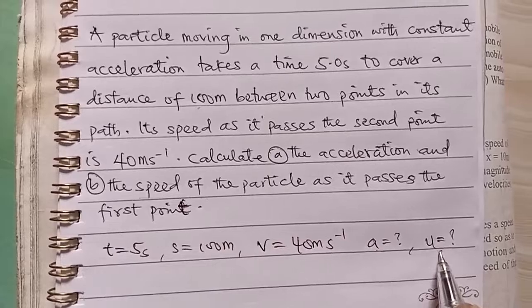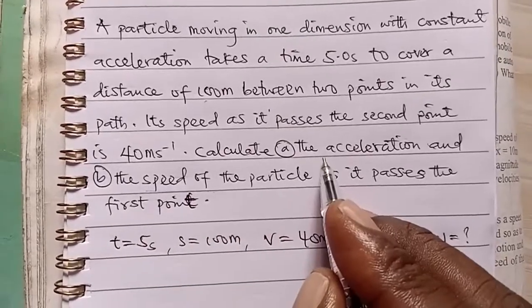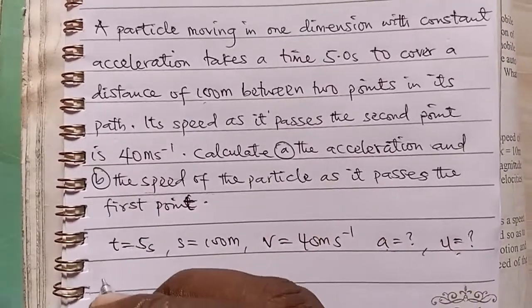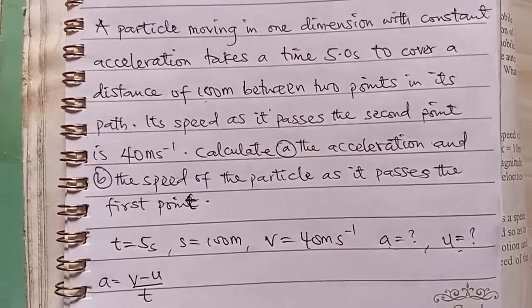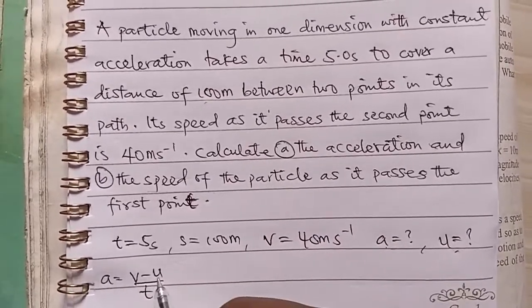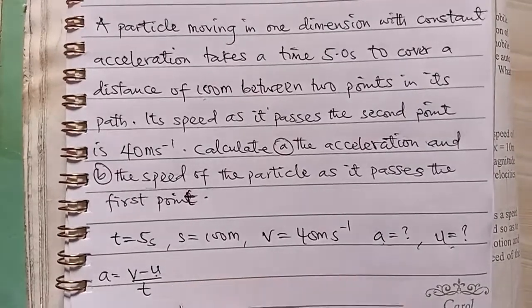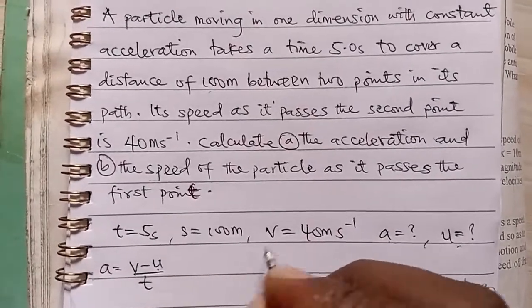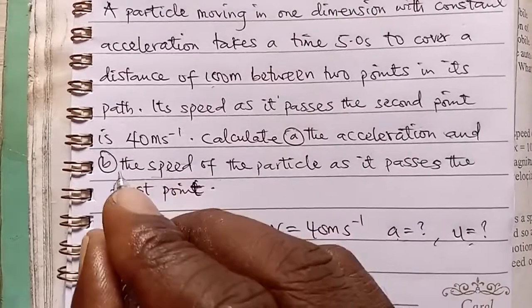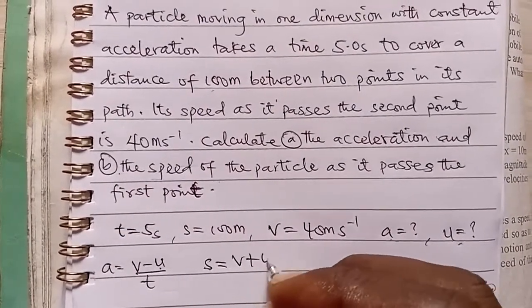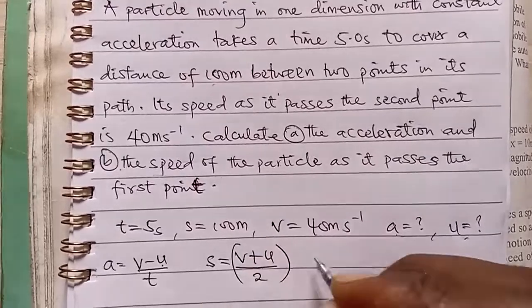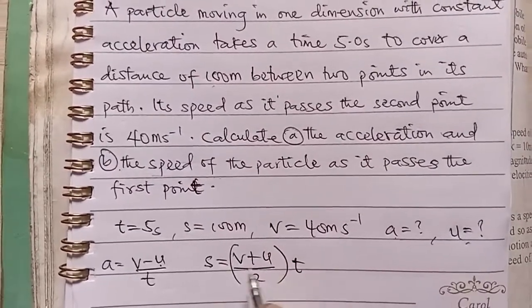When we get the u, we can now use it to find the acceleration, because acceleration is equal to v minus u over t. We don't know what u is. So let's first find the b part, we can use s is equal to v plus u over 2 times t, because we already have these things here.